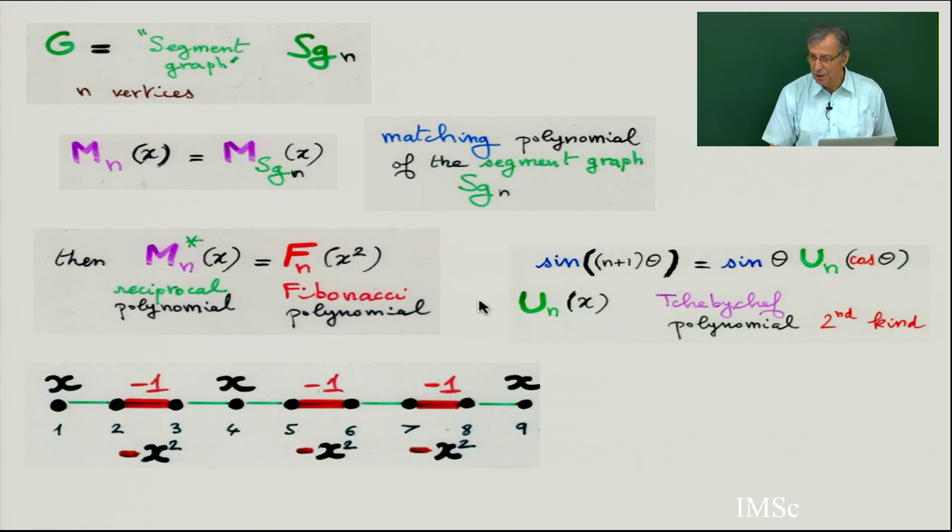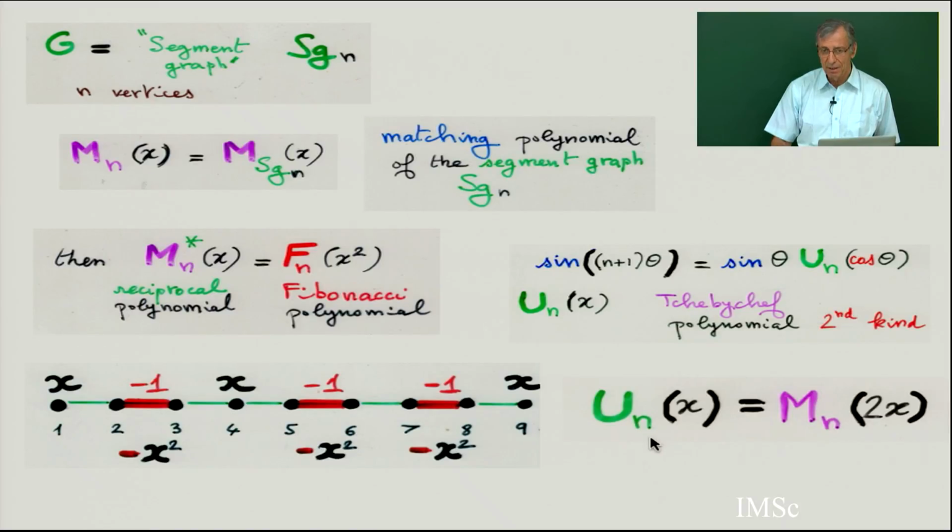Now what is the relationship with Chebyshev? Chebyshev of the second kind is a polynomial U_n given by this classical trigonometric formula. And the relationship is that U_n of x is the matching polynomial M_n of the segment graph, with x replaced by 2x.